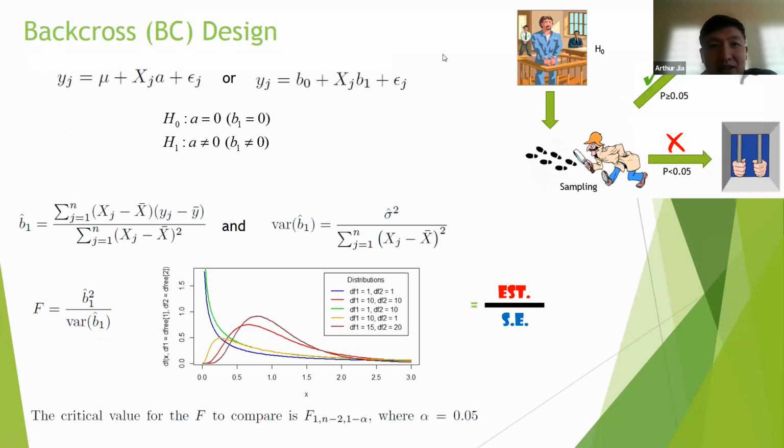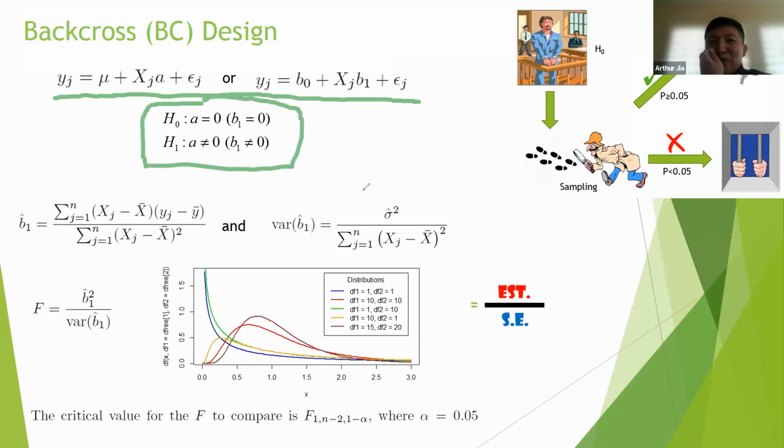Okay, the backcross design. So now we're still back to our linear regression model, right? And we are very familiar with this now. So I assume everybody will be an expert now, right? So here we actually want to test whether the additive effects equal 0 or not. The slope equals 0 or not.